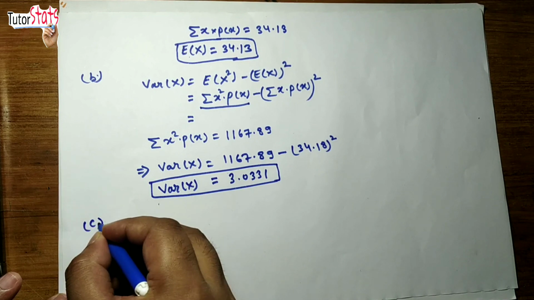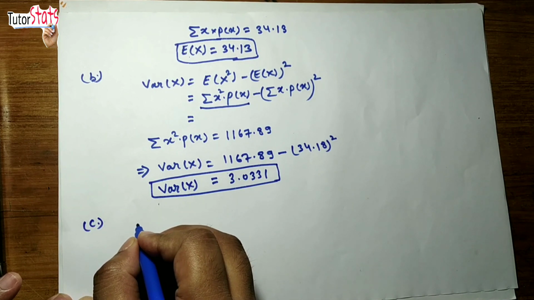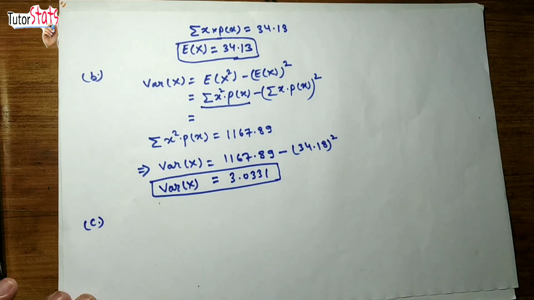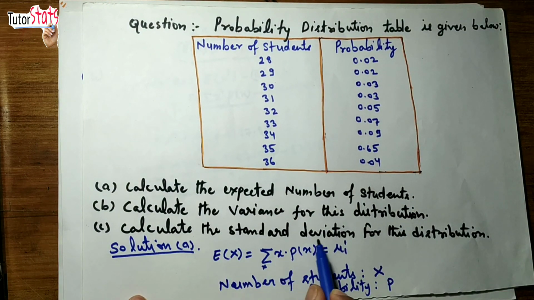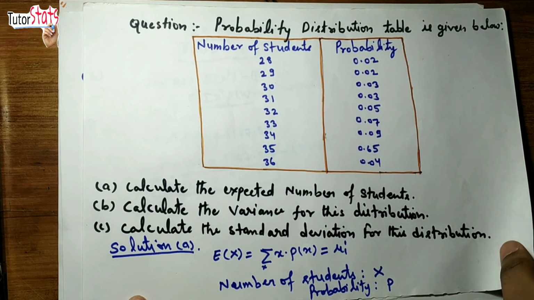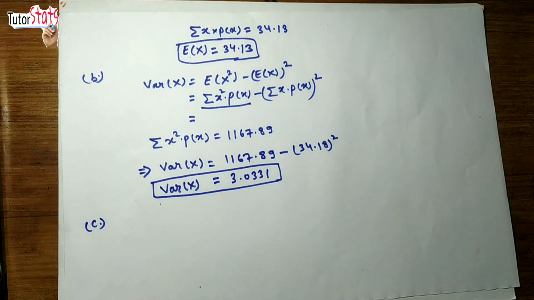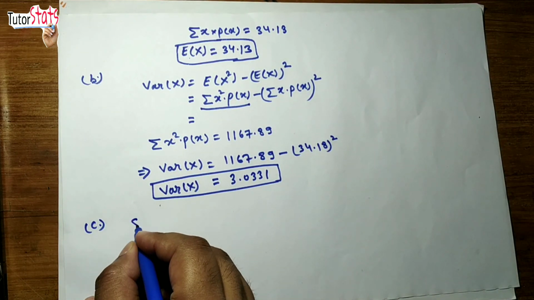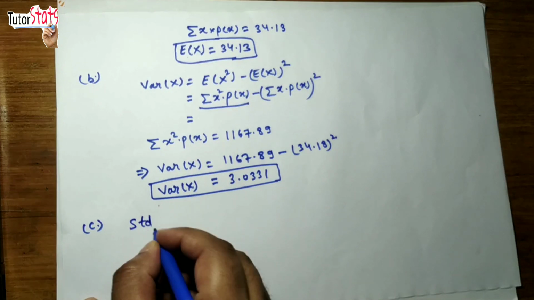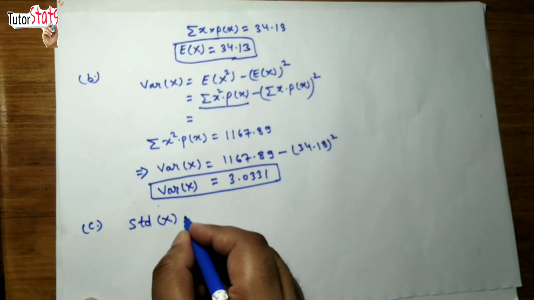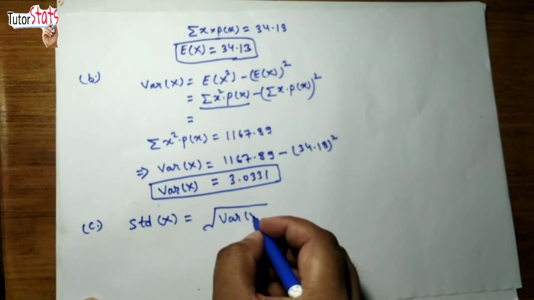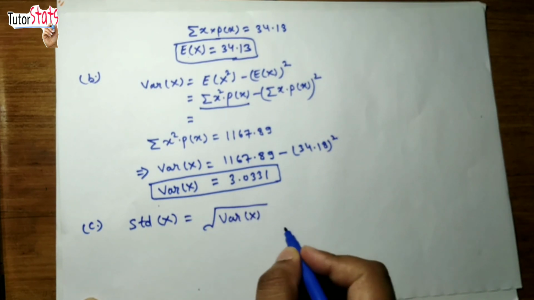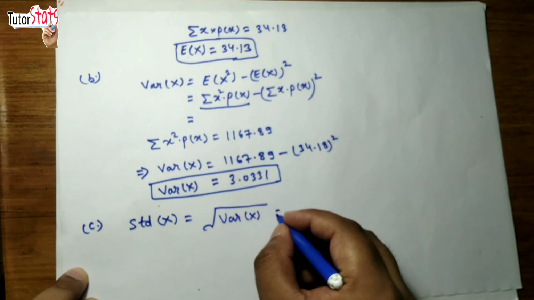Now we will calculate the standard deviation for the distribution. The third part is to calculate the standard deviation for the distribution. And we know that the standard deviation of a random variable is the square root of the variance of that random variable x.